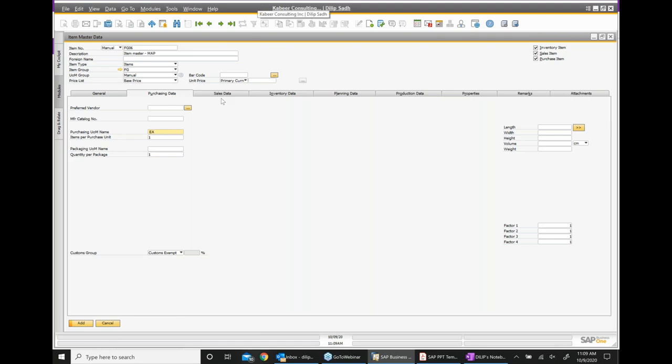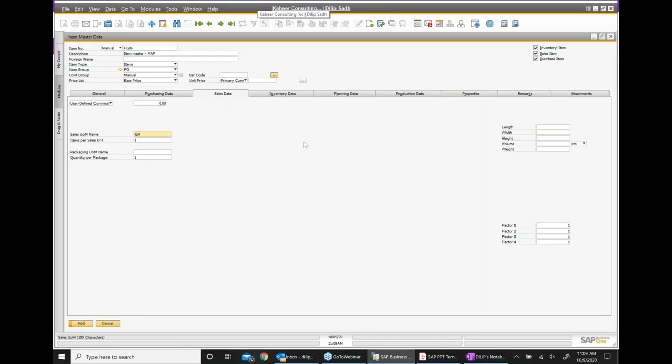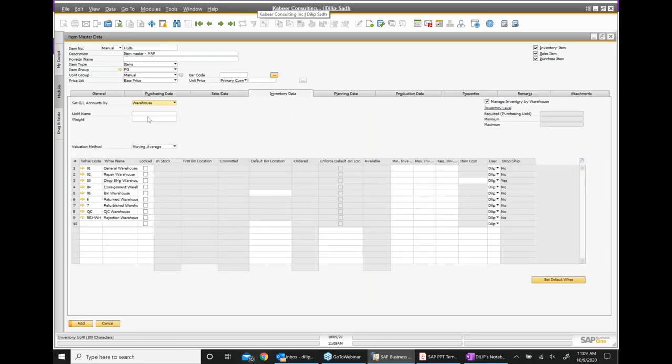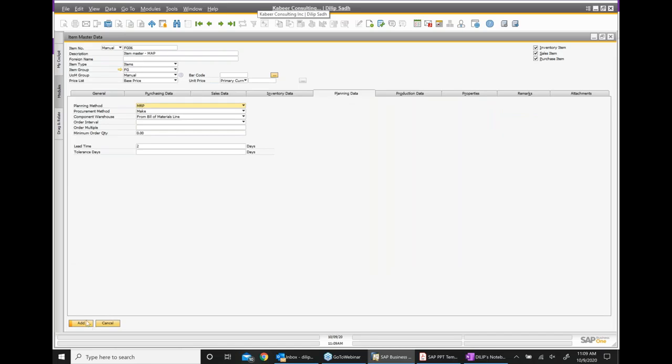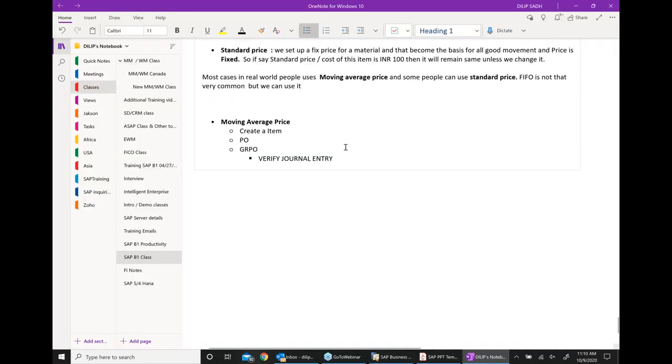This is the unit of measure. And then the valuation method is moving average price. And we save it. So material FG06 is created. What we did is we created a material, and this material is called FG06.